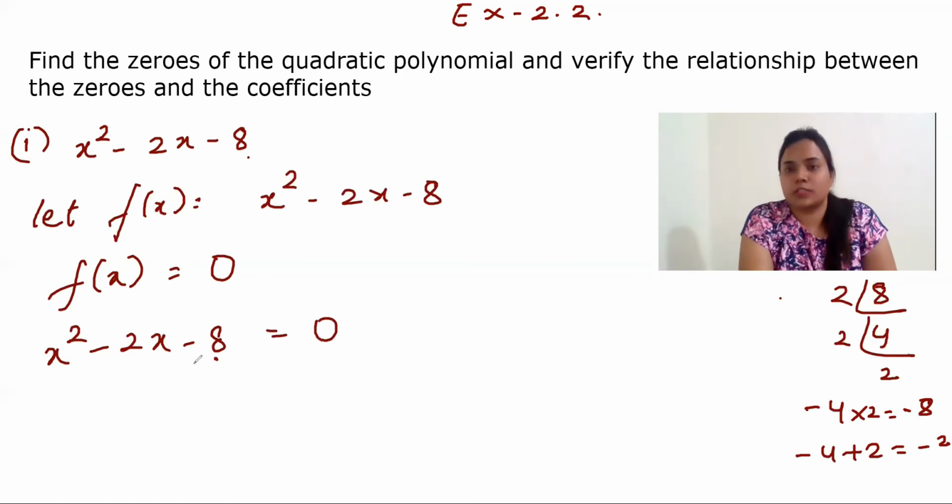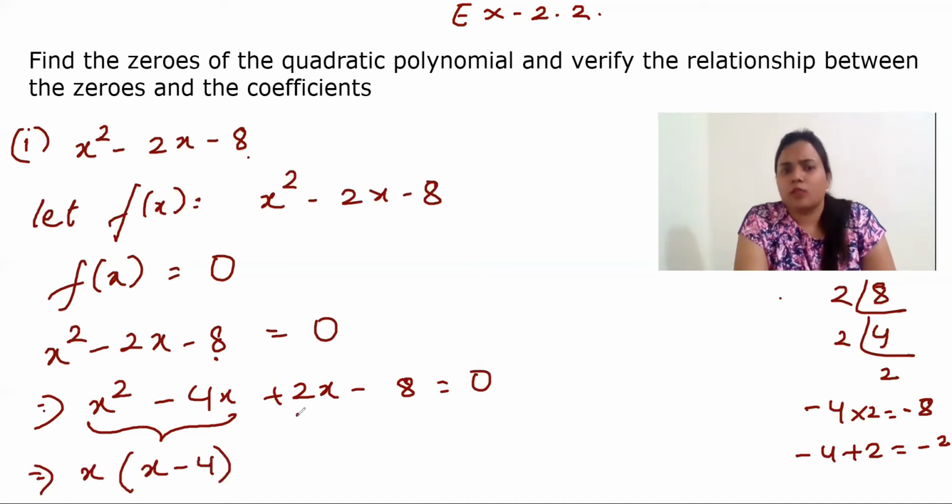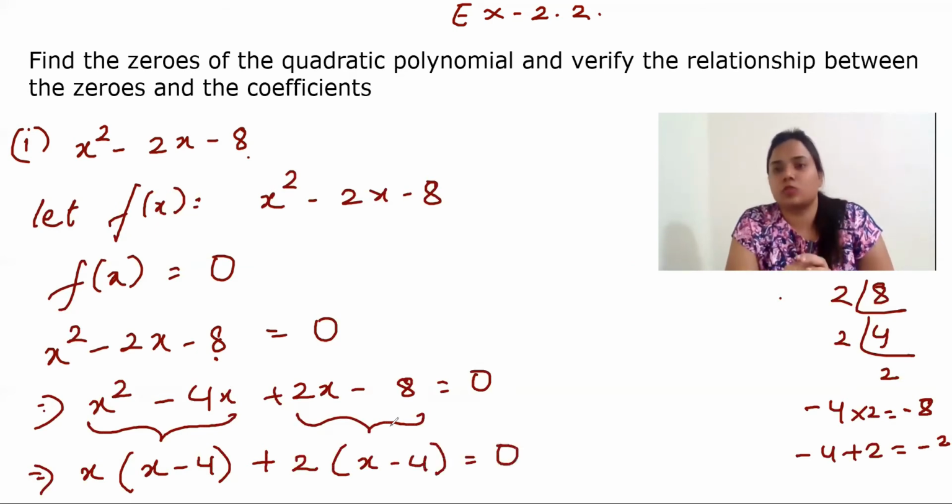If f of x is 0, this polynomial should be equal to 0. That implies x square minus 4x plus 2x minus 8 is equal to 0. From these two, I can take x common, so I will be left with x minus 4. From these two, I can take plus 2 common, and I will be left with x minus 4, and that is equal to 0.